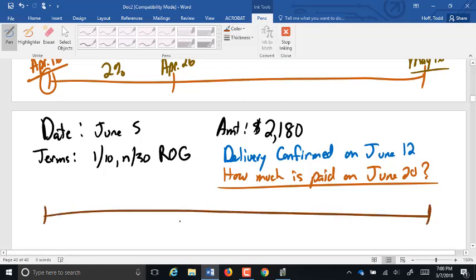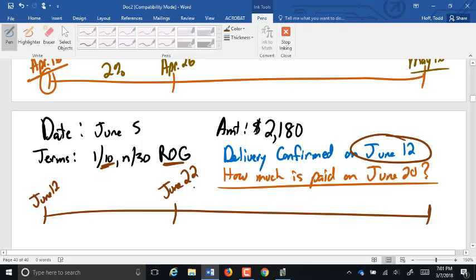What's the date that starts their timeline? June 12th. The ROG means the date the delivery is confirmed. So June 12th. Which means our discount period goes until June 22nd.